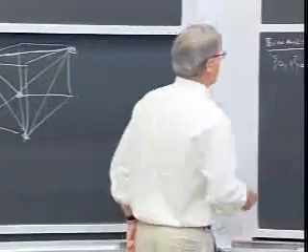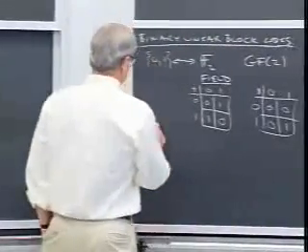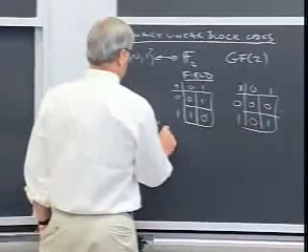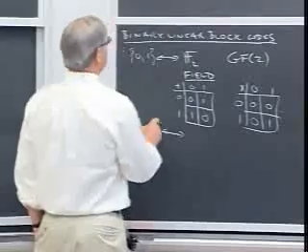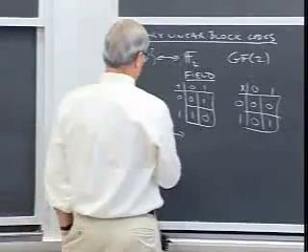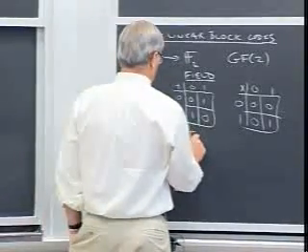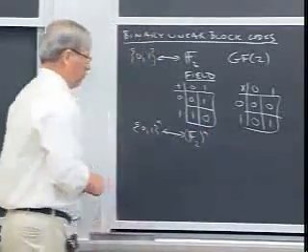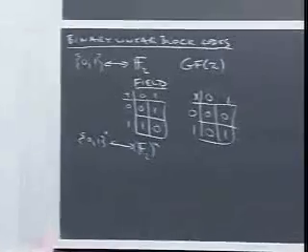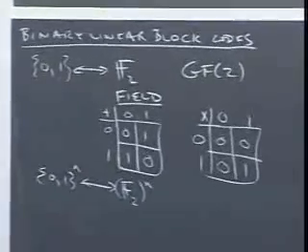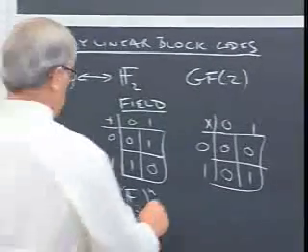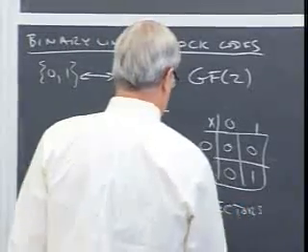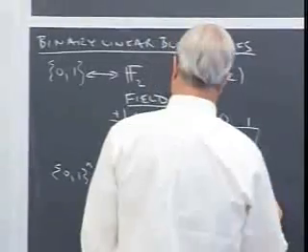Okay, so now we have 0 to 1 to the n tuples, binary n tuples, which we will now regard as n tuples of field elements, F2, and these will be regarded as vectors in a vector space.